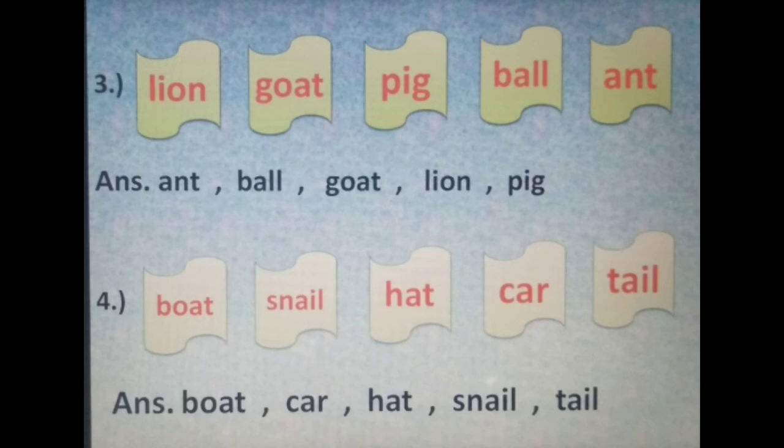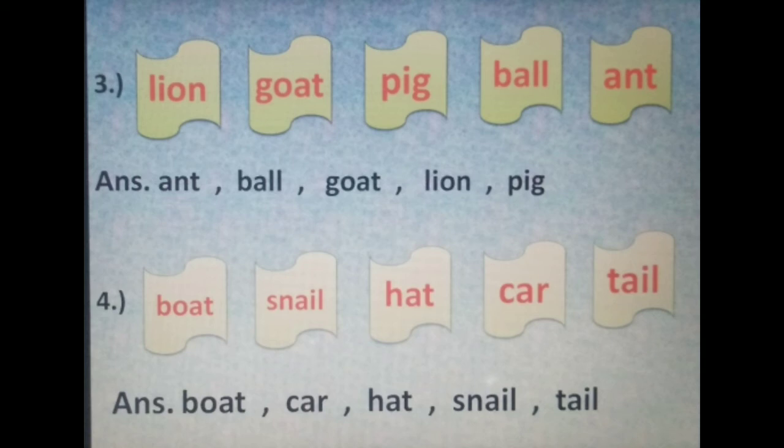Now, lion, first letter L. Goat, first letter G. Pig, first letter P. Ball, first letter B. And ant, first letter A. Now, all these words we have to arrange in alphabetical order. So, which word do we write first? Ant. Yes, you are right.